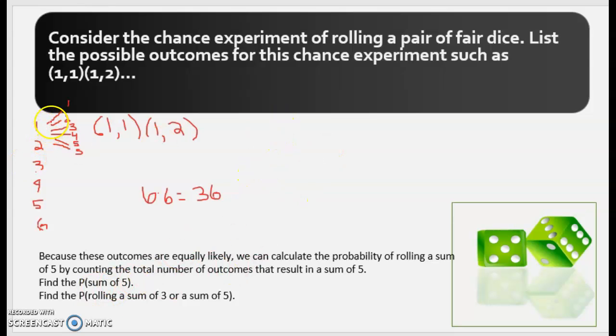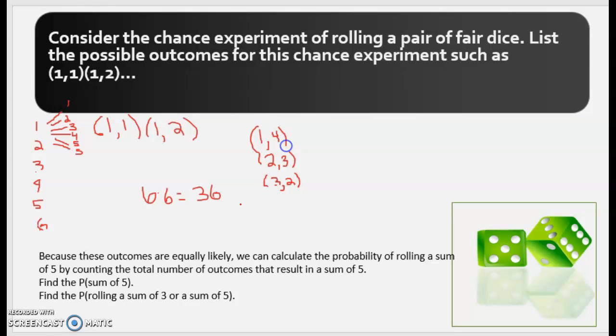Well, I know that a 1 and a 4 would give me a sum of 5 from this first group. I know that a 2 and a 3 would give me a sum of 5. And I know that a 3 and a 2 are going to give me a sum of 5.